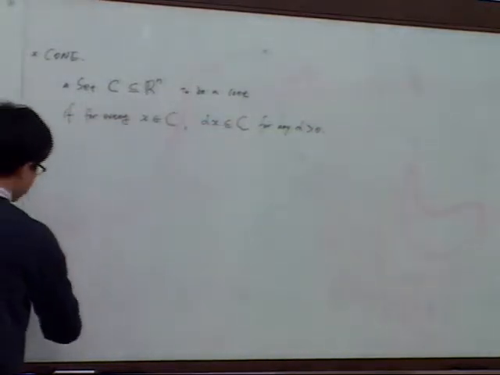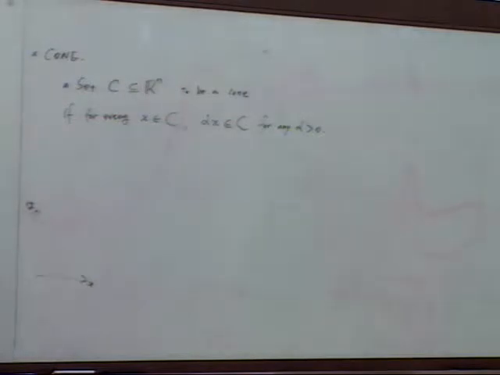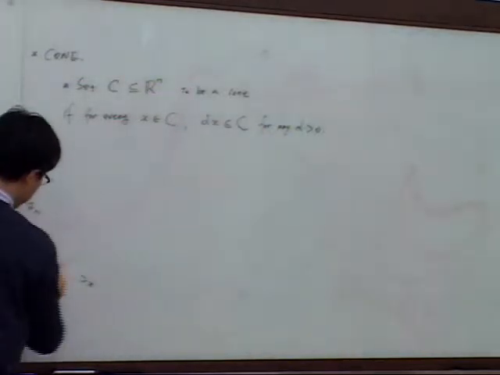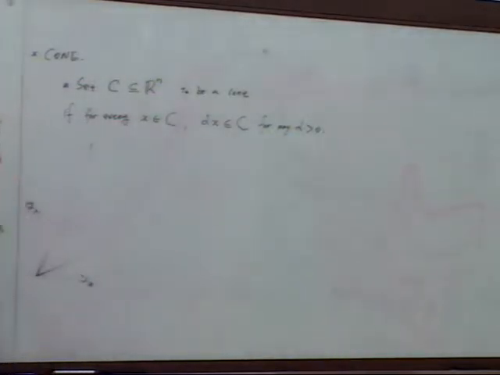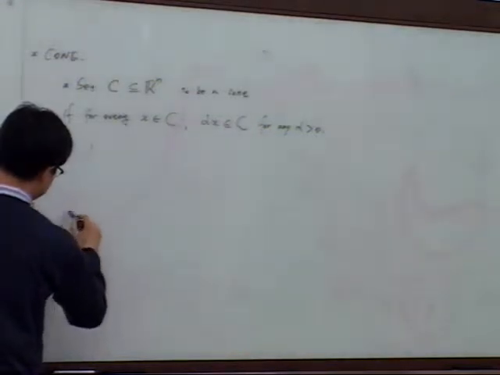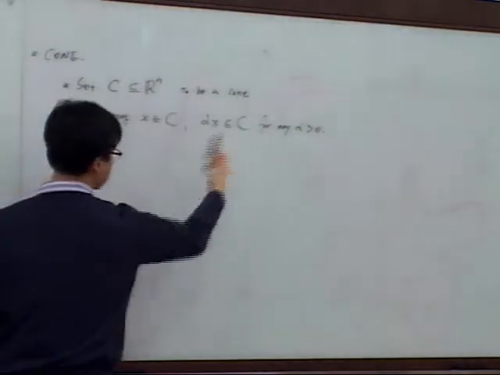Geometrically thinking, let's say if you have a very simple plane, so R square location, and let's say your C is defined like that, between this, and in this direction you're not bounded.